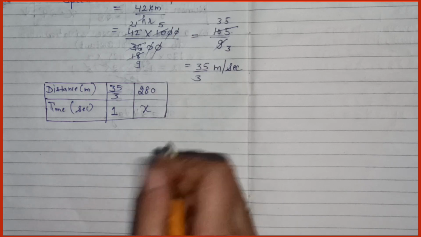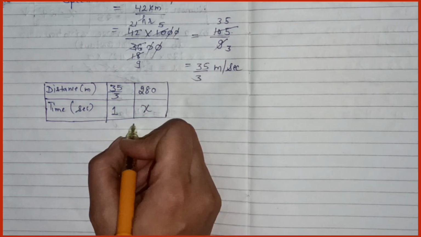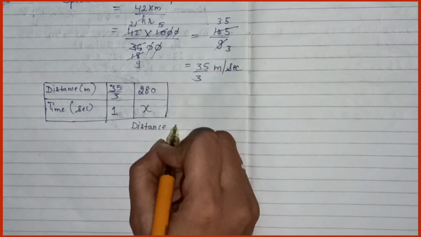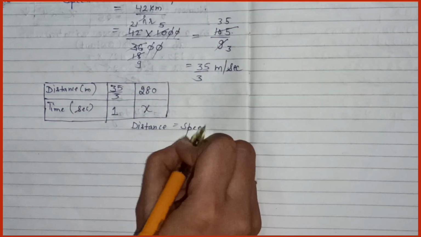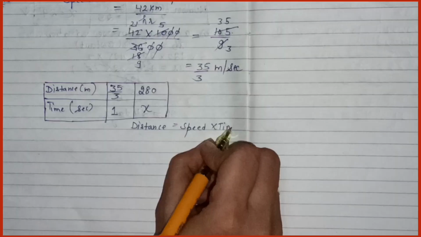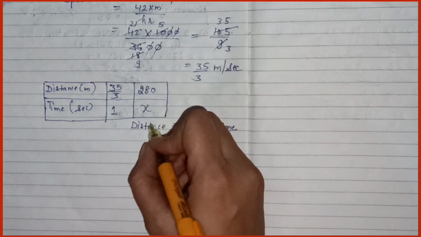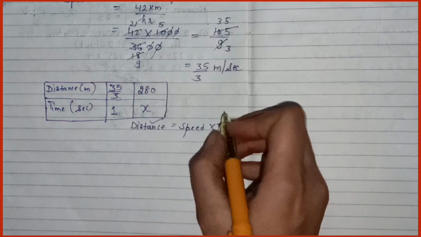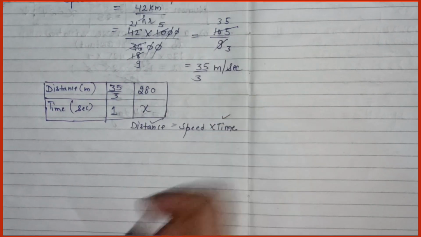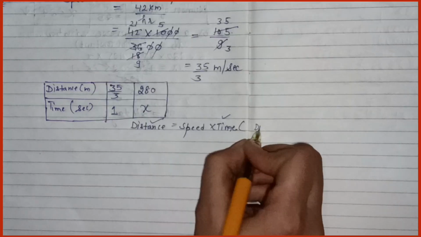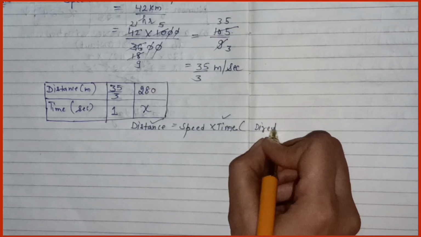We know the formula for distance: distance is equal to speed multiplied by time. If in a question we are given distance on the left hand side and time on the right hand side, then it is a case of direct variation.